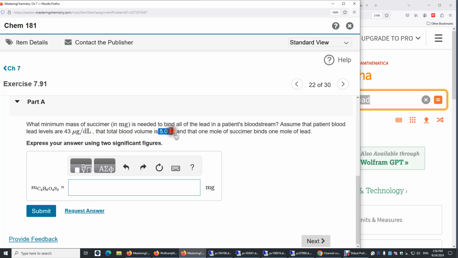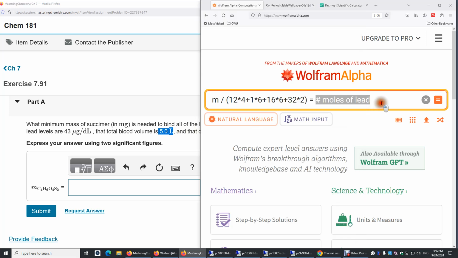I will convert this to 50 deciliters multiplied by 43 microgram. 1 microgram is 10 to the power negative 6 grams. So now we have the mass of lead in grams divided by the molar mass of lead.